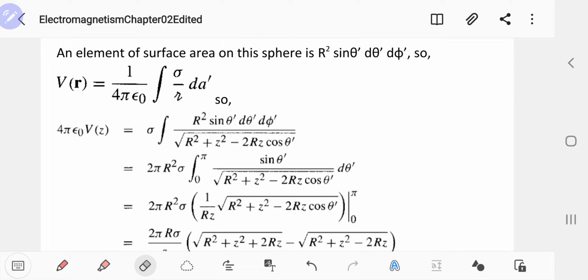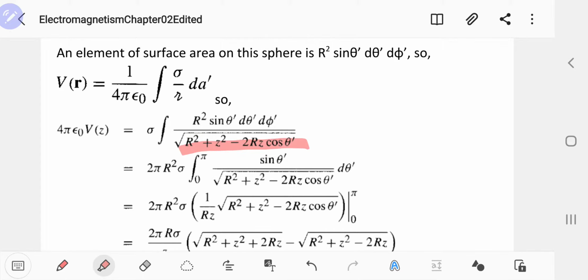So you can review 2.6 and you can get R squared sine theta prime d theta prime d phi prime. And the script r here is, of course, from the cosine law.